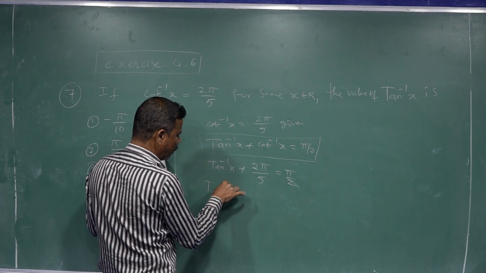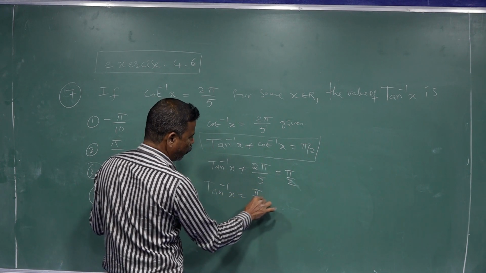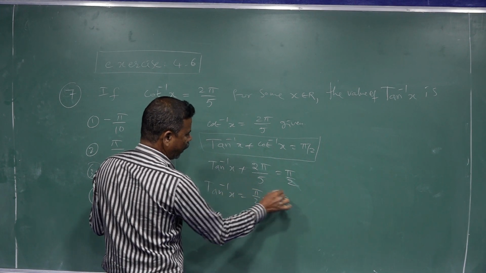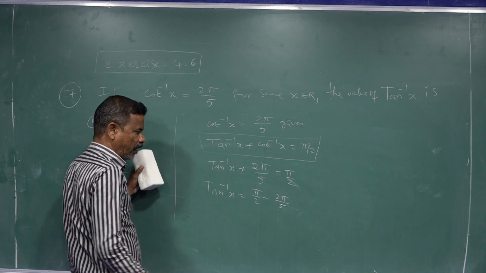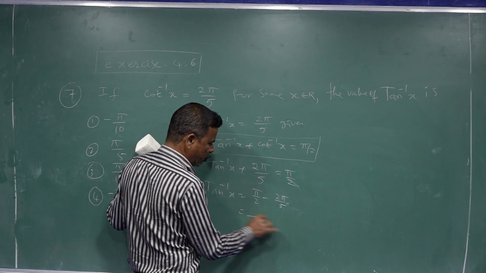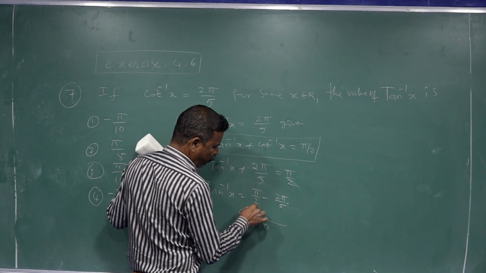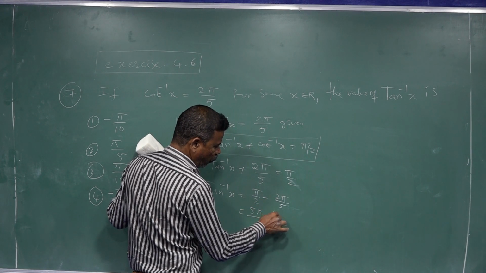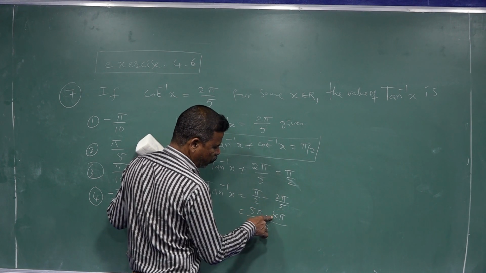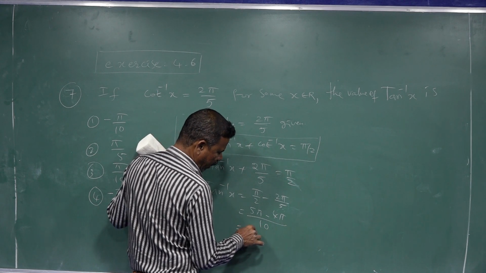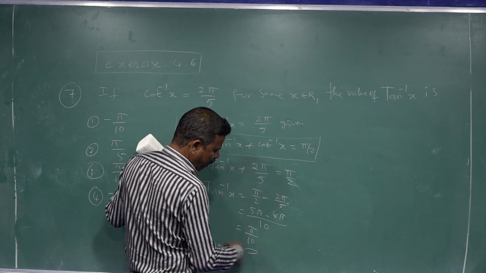Then tan inverse x is equal to π/2 minus 2√5/5. This value sent to outside. So now here LCM how much? 10. 5 minus 2 into 2, 4, 5. This value 5 minus 4, 1. 1 π by 10. π/10 is the right answer.